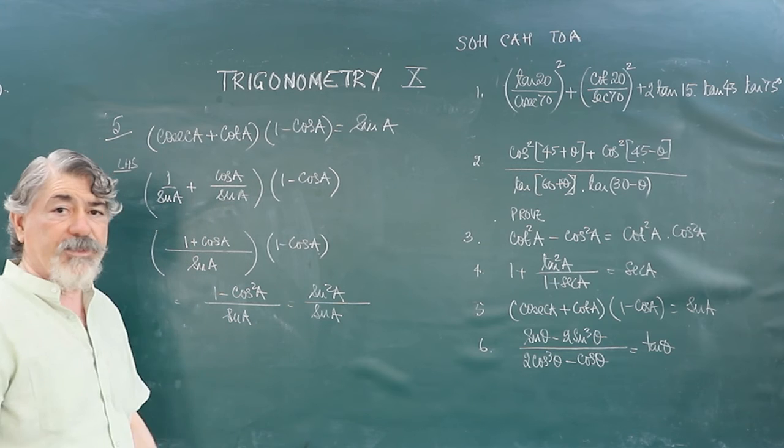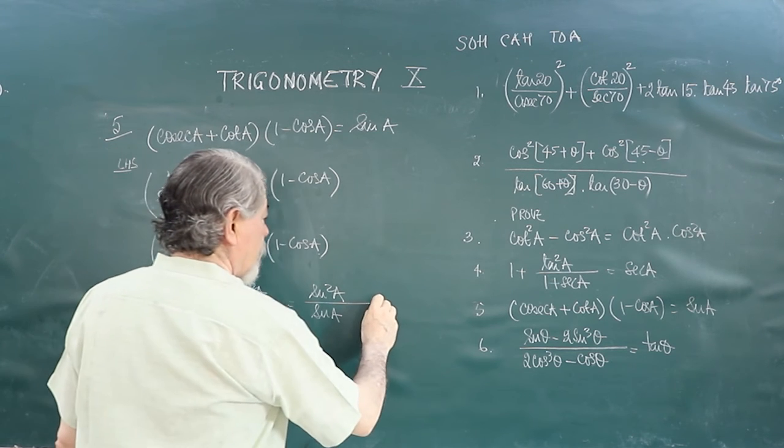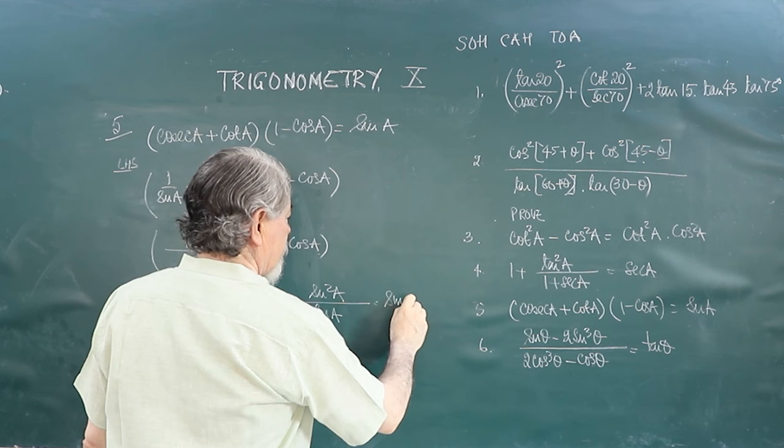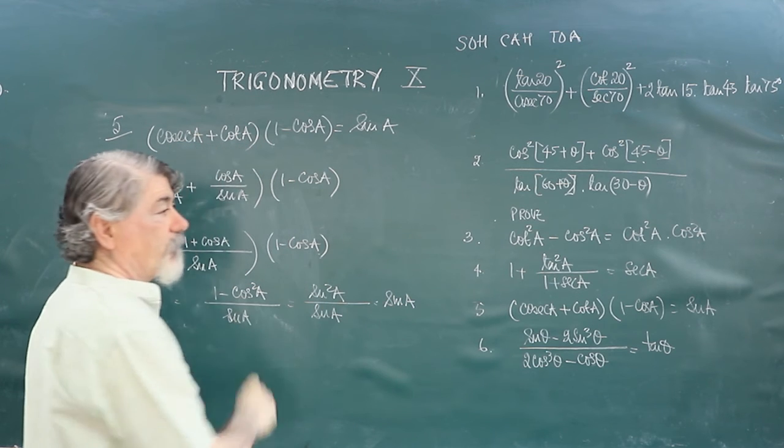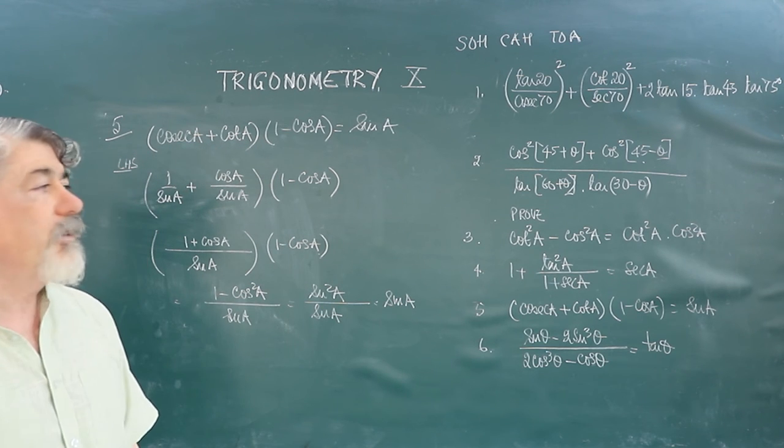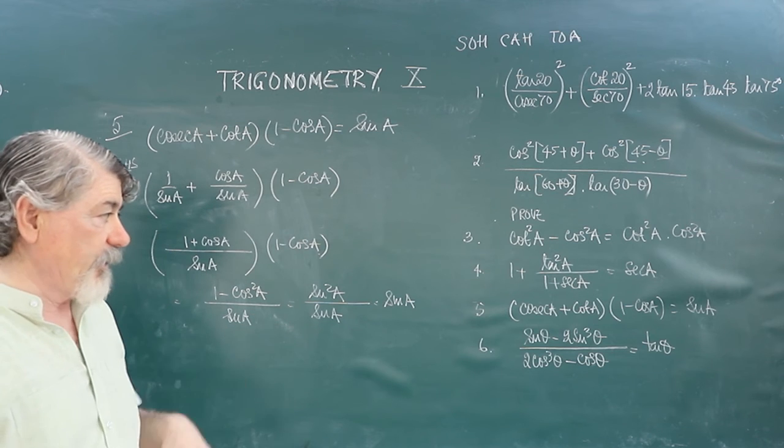Sin square A upon sin A. One of the sin A will cancel with the sin A in the denominator. You will get the answer as sin A.